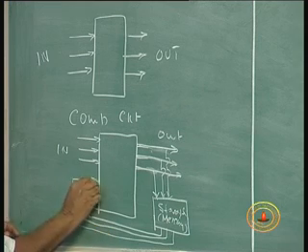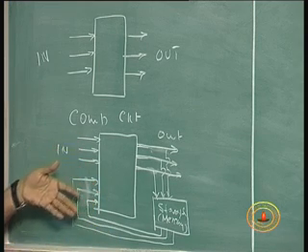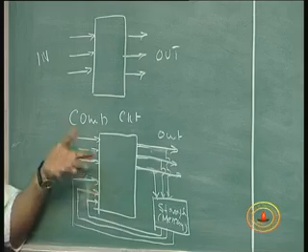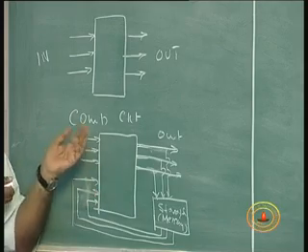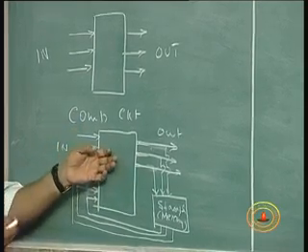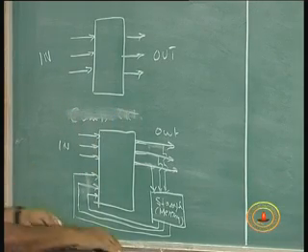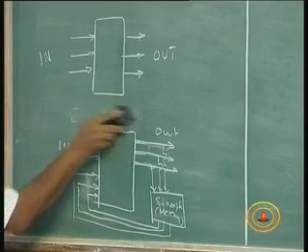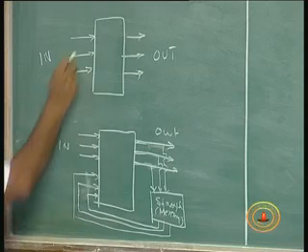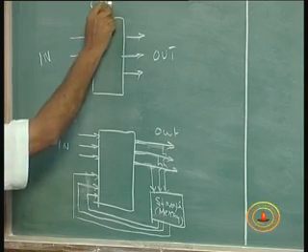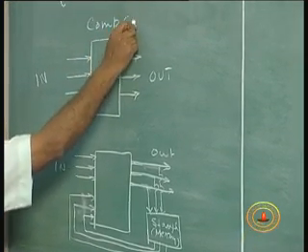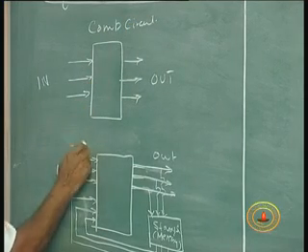So, the model of the inputs deciding the output does not change. That is the model of any circuit. The input has to be given, the output will come, and this circuit will still be a combinational circuit within this. So, this is combinational, this is sequential.